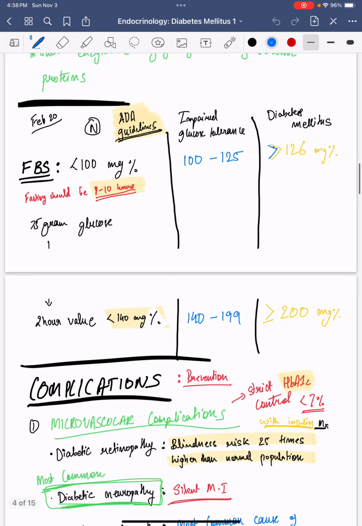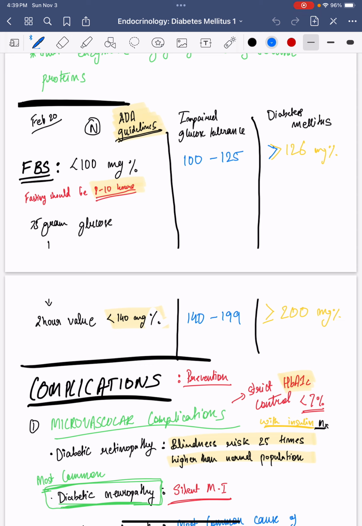So let's see what the values are according to the ADA guidelines. According to the American Diabetes Association guidelines, the normal FBS should be less than 100 milligram percent, in an impaired glucose tolerance or pre-diabetic person the value will be 100 to 125 milligram percent, and in diabetes mellitus the value will be more than 126 milligram percent.